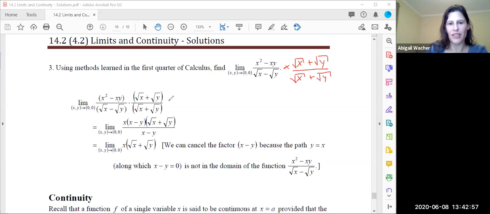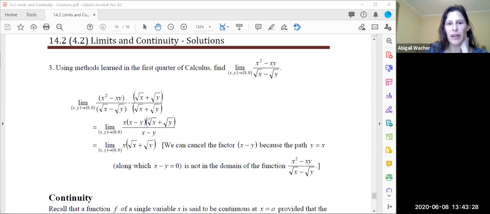So this is already pre-typewritten, that's just what I wrote. So you go ahead and multiply that out, and you do your foiling and so forth for the top. Hold on, you know what? Scratch the foiling, because we're going to want to cancel some stuff. So this took a little bit of experience. Instead, factor out an x here.